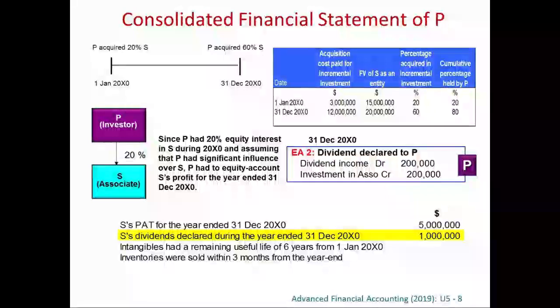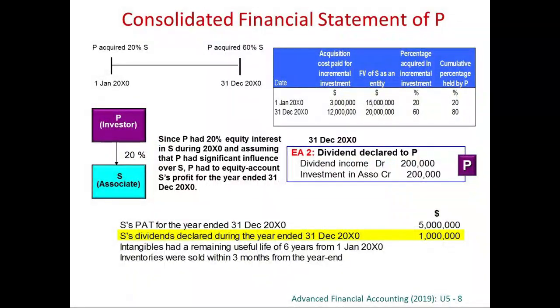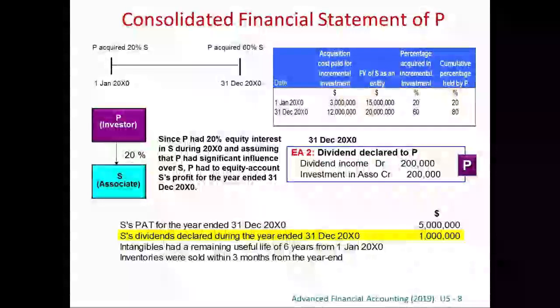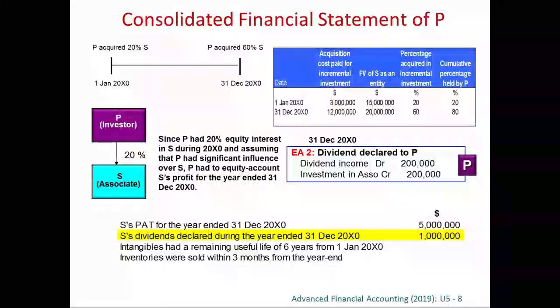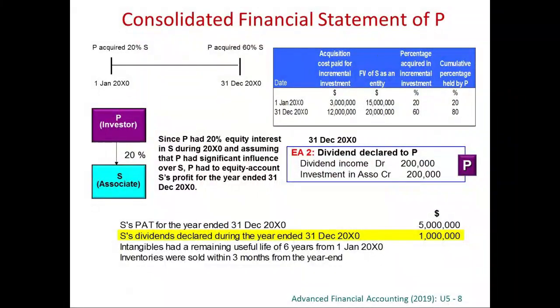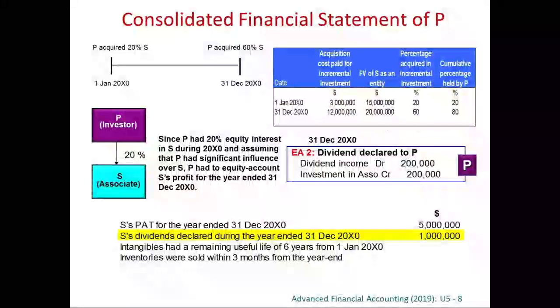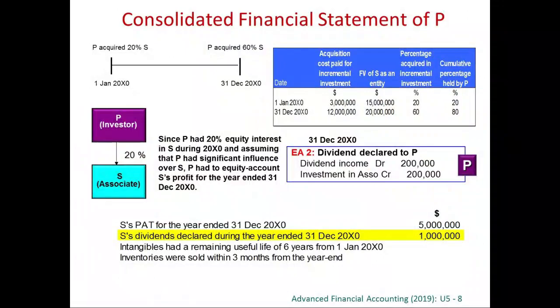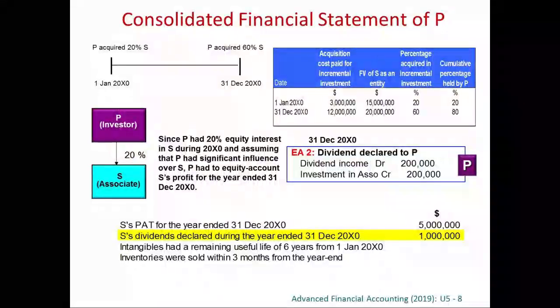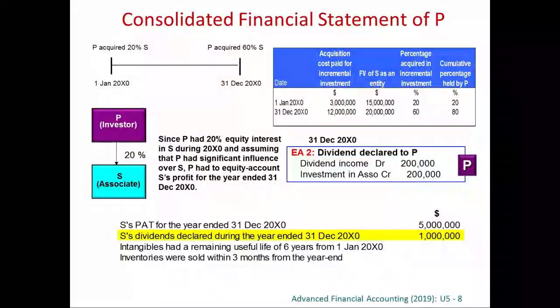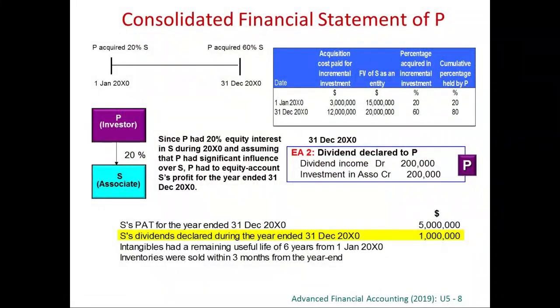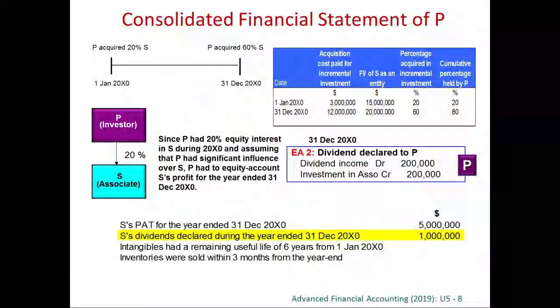Otherwise, you count it 2 times, right? You shared the profit already. Dividend income from this company should be eliminated. In your own financial statements, you must have recognized 20% of this 1 million. 20% of 1 million is 200,000. Therefore, we need to debit away the dividend income, 200,000. So we debit dividend income and we credit investment in associate. Okay? Just the normal equity method.